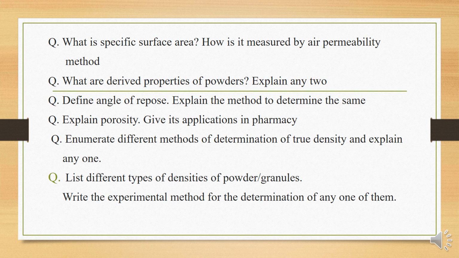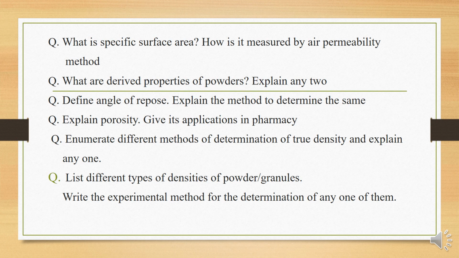When air is allowed to flow through the packed powder, we can find out the flow of air with the help of the manometer, and the level of the fluid in the manometer will give the average diameter of the particle. So this is a method for estimating surface area.